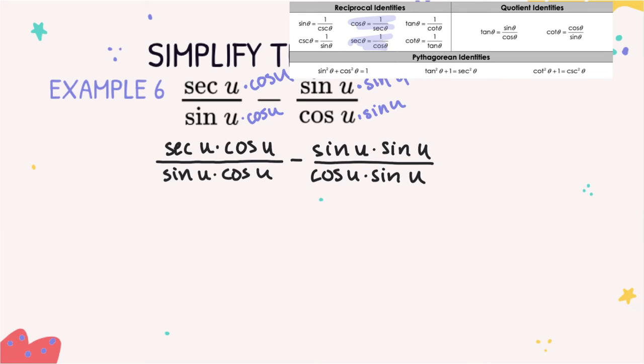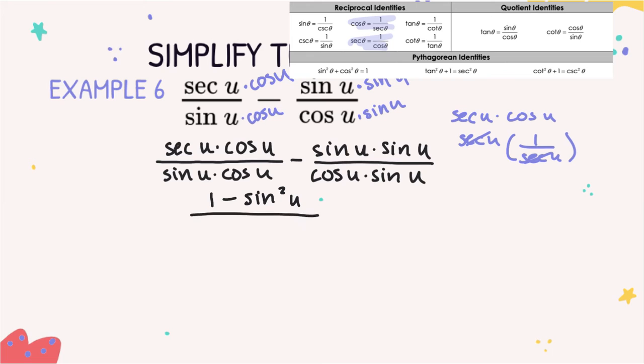So secant u times cosine u is the same thing as secant u times 1 over secant u. So those would cancel out and just become 1. And then sine u times sine u is sine squared u. And then I bring those common denominators down. Sine u times cosine u.